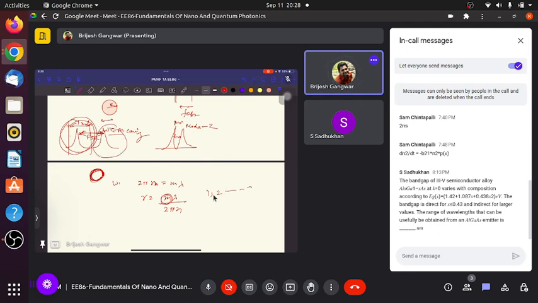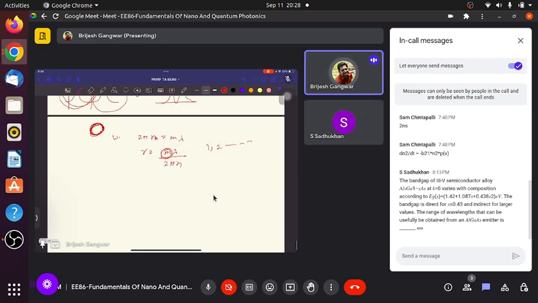And also, let's say some waveguide is there, and the waveguide width is on this axis, and this is the n effective which I plotted earlier also. So your first mode will be somewhere like that, and the second mode will be there.